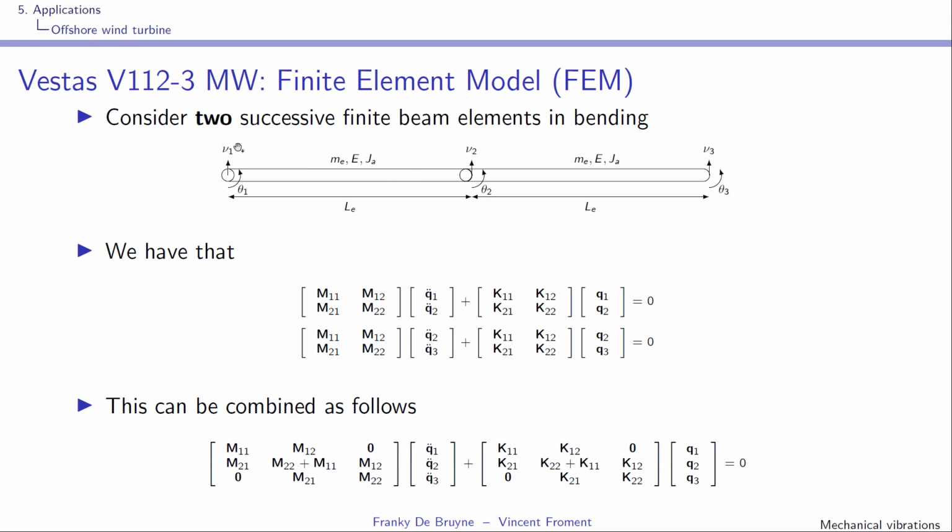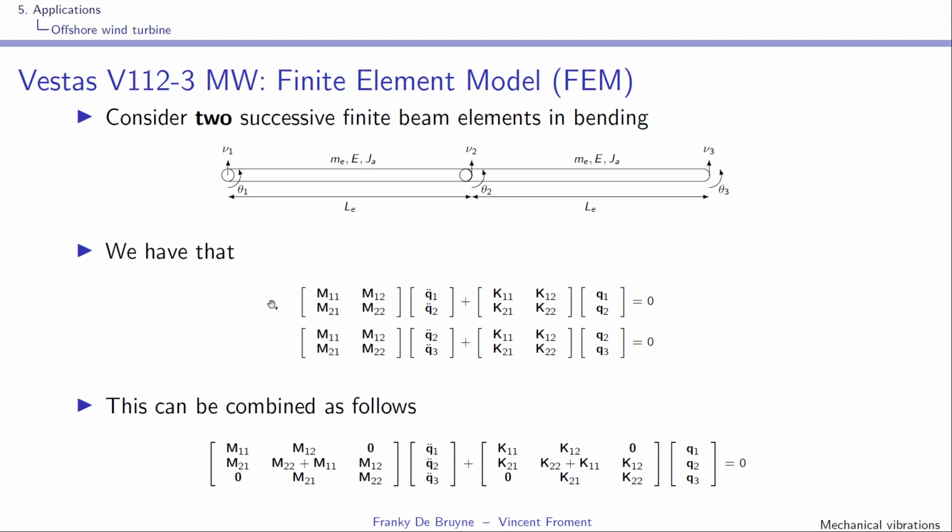Remember that we have 4 variables associated to this first finite element, and they are stacked in Q1 and Q2, and this is the description for this first finite element. We'll have something similar for the second finite element, with the variables stacked in Q2 and Q3, and as you can see, Q2 appears in both descriptions.